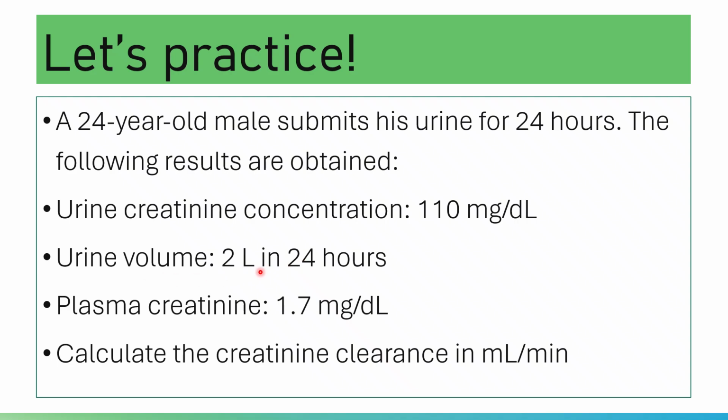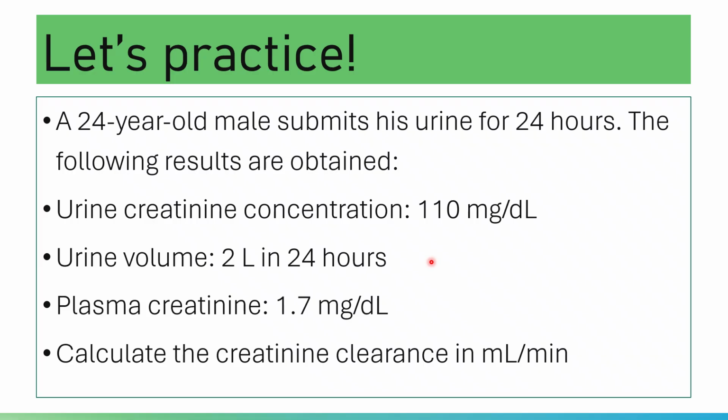So how are you going to do this? 2,000 ml divided by 1,440 minutes gives the ml per minute. 2,000 divided by 1,440 is 1.3888, or let's make it 1.39.